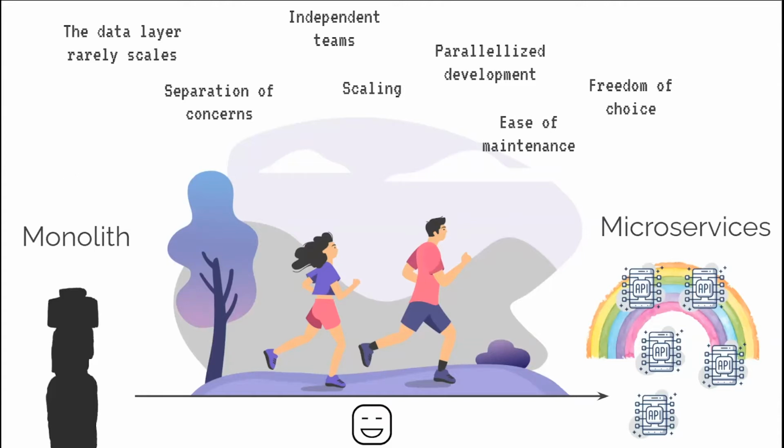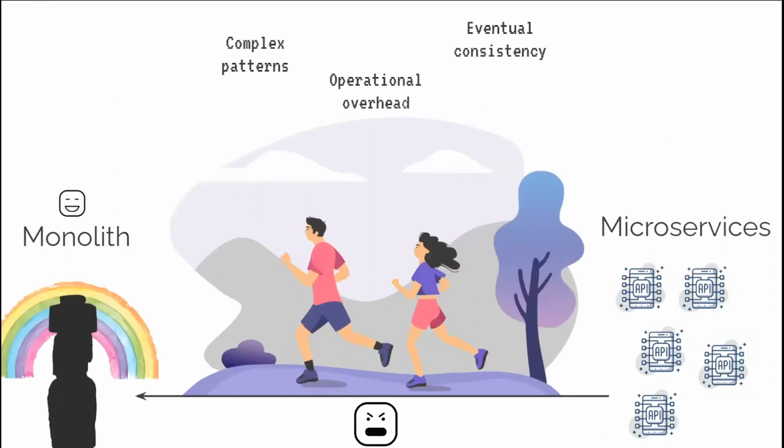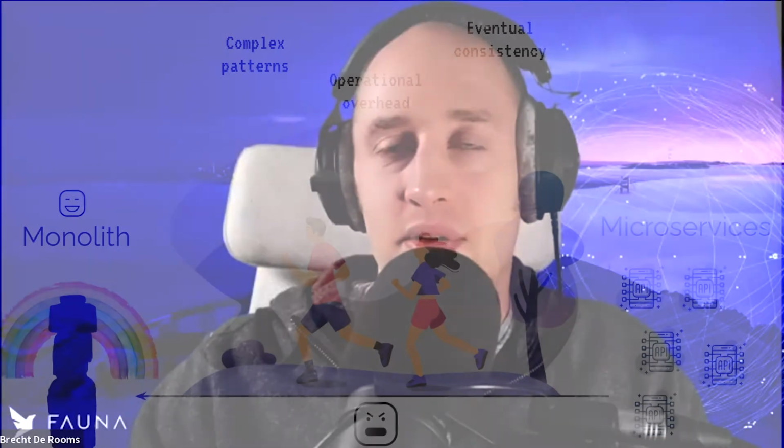And those were: the database layer never scales, separation of concerns, scaling in general, freedom of choice, ease of maintenance, and it actually looked very appealing. And many also turned right back and found a newfound love for monoliths when they noticed that microservices do introduce complex patterns, operational overhead, and eventual consistency.